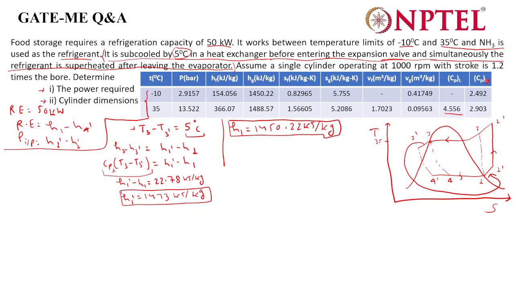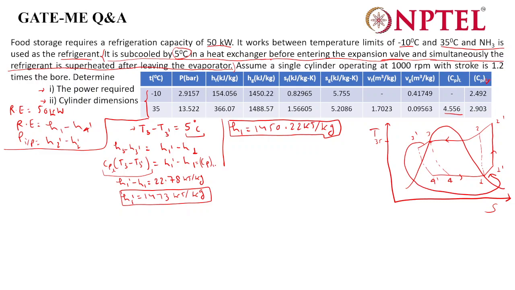So we know the value of H1 dash, and can you let me know what is the temperature for T1 dash? The heat gain in subcooling equals Cp of vapor into T1 dash minus T1.